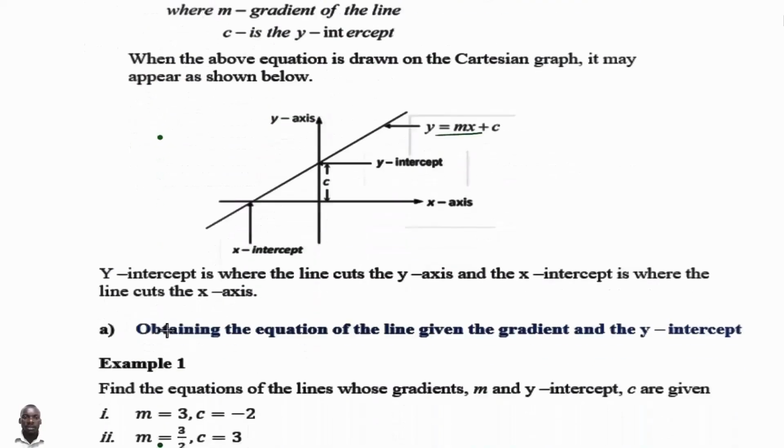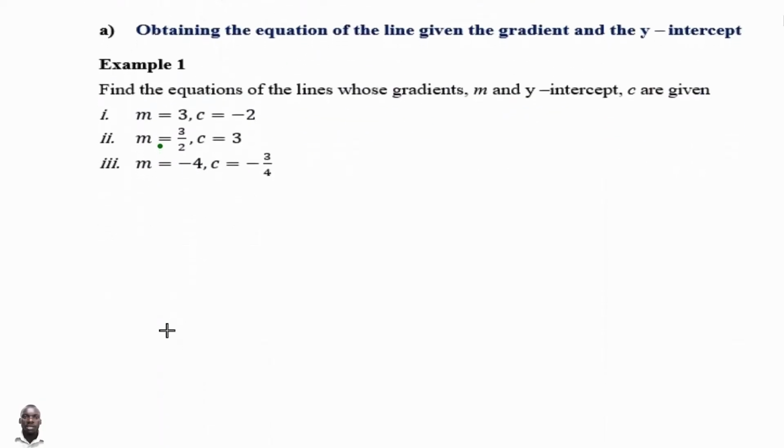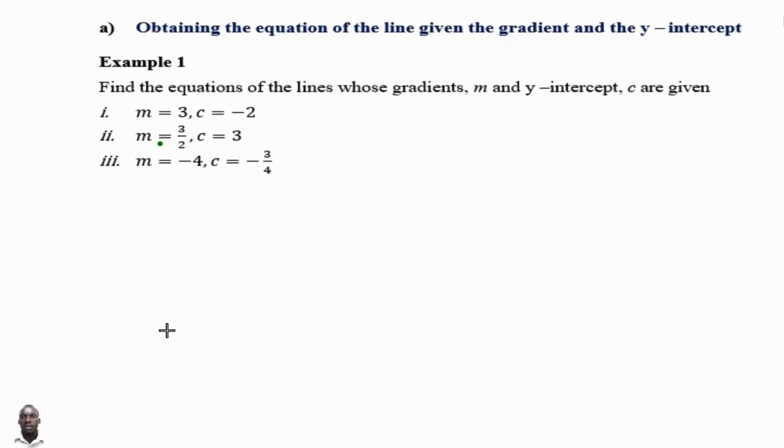Let us have a subheading of how we can obtain the equation of a line given the gradient and the y-intercept. For Roman numeral 1, we have been given m, the gradient, as 3, and the y-intercept c as -2.